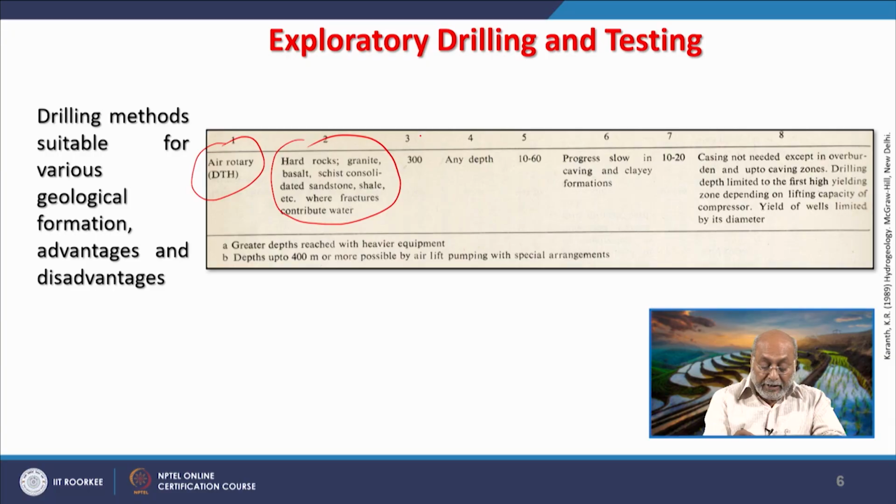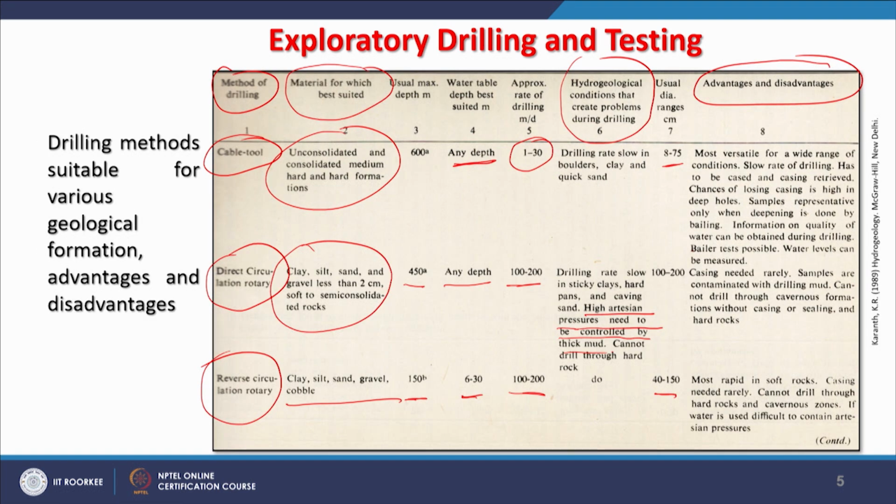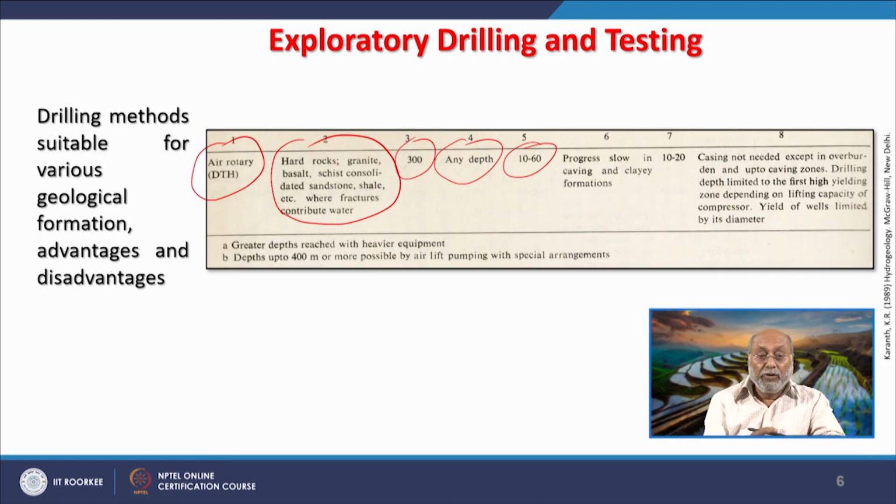The depth it can go is about 30 meter, while the water table can be found at any depth. The apparent rate of drilling is 10 to 60 meter per day, and because it is basically making a hole in hard rocks, it is slow, and may be in the range of 10 to 20 meter per day.